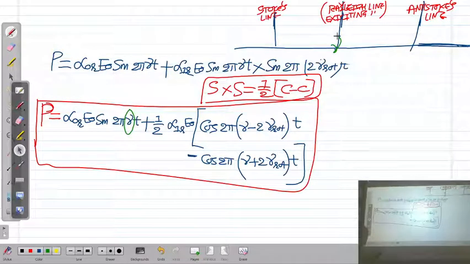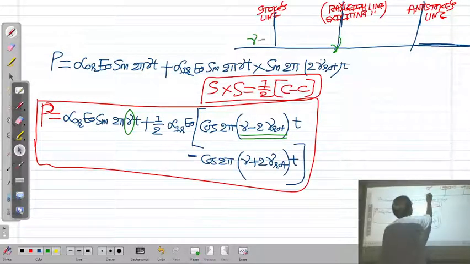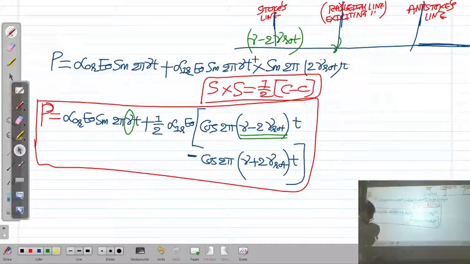The other frequency is nu minus 2 nu rho. That gives the Stokes line.